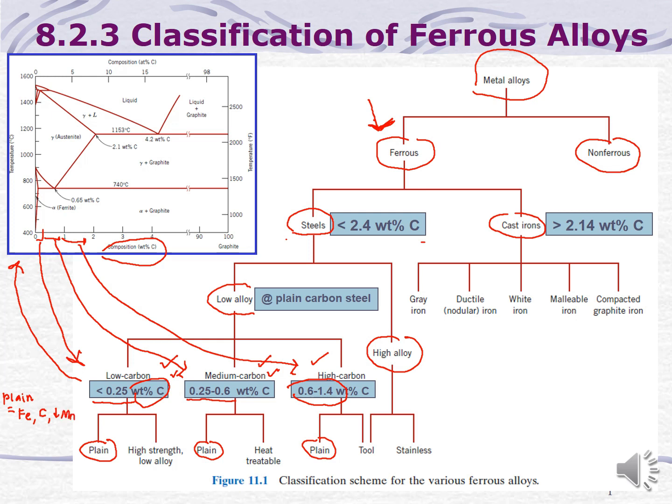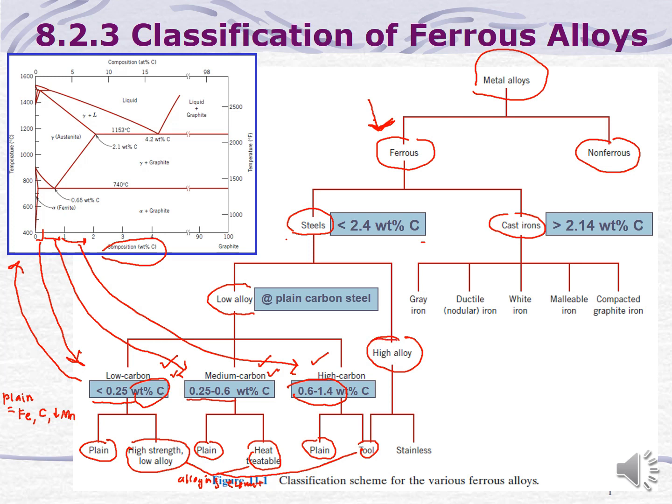While the high strength low alloy, heat treatable alloy, and tool alloy consist of alloying elements. Here we have low alloy and we have high alloy.